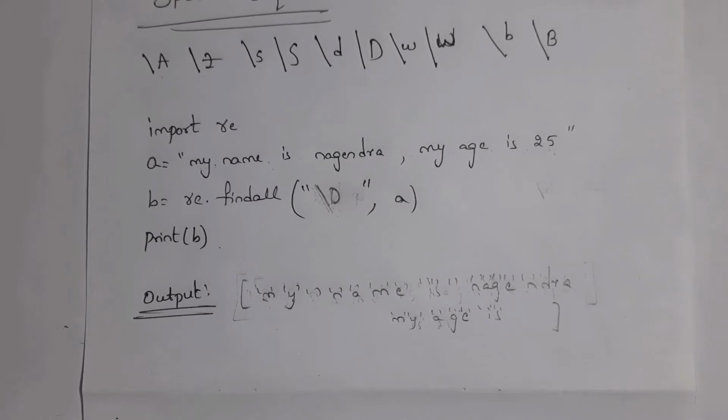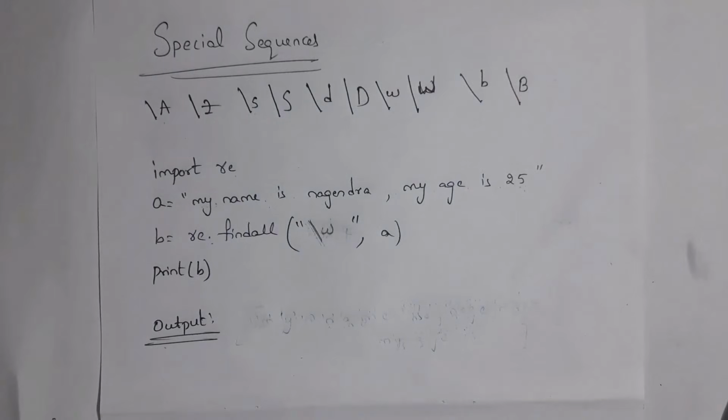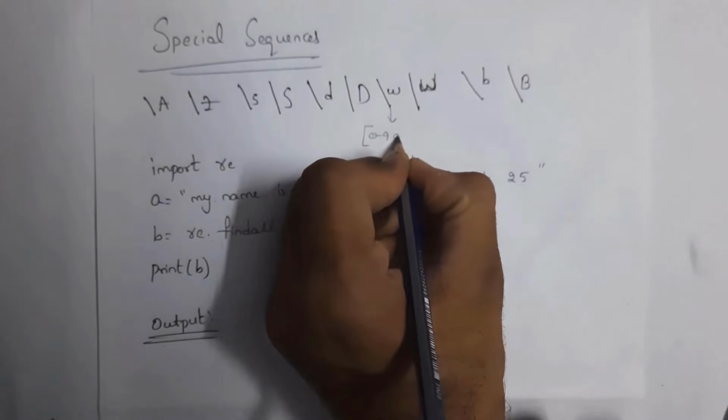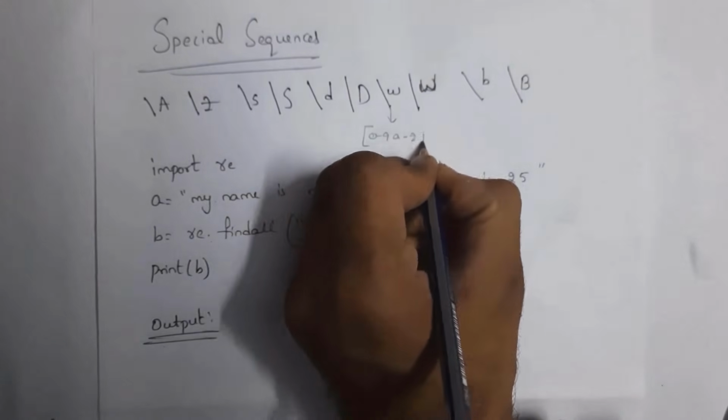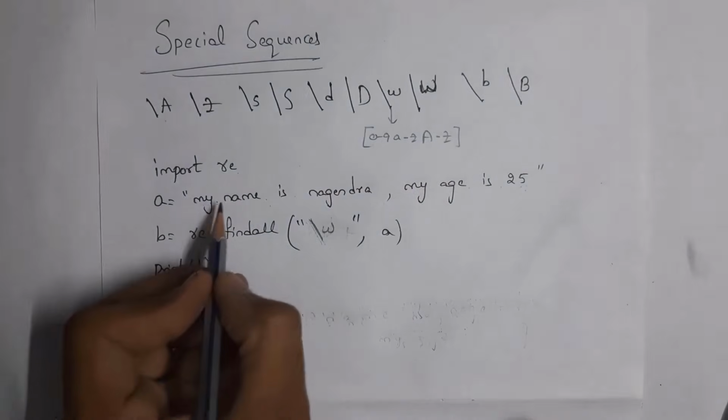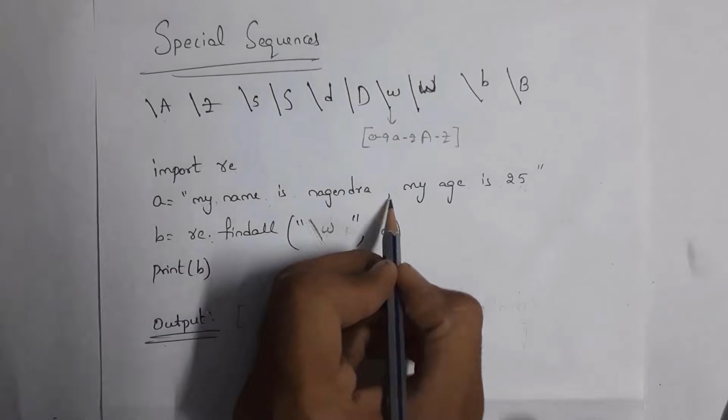Next I will explain the use of backslash small w, where backslash small w will print characters that contain alphabets from small a to z and capital A to Z and numbers from 0 to 9. So it will print all these characters. Except spaces and comma, it will print the remaining.